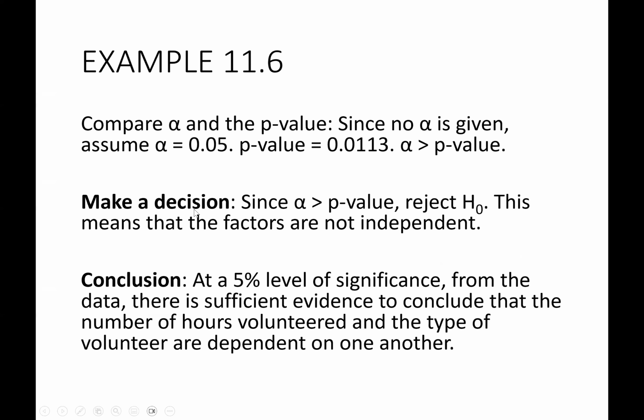If the p is low, the null must go. Based on the data that we have, it appears that the type of volunteer you are and the number of hours you volunteer are not independent, that they are dependent on each other. And that kind of makes sense to me.